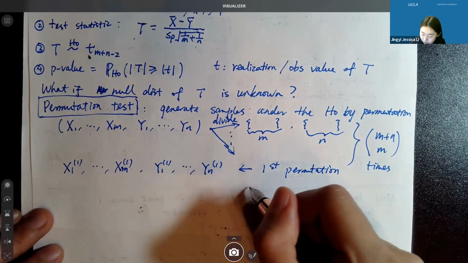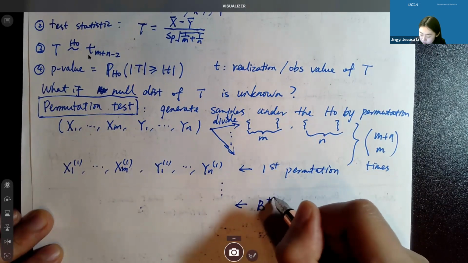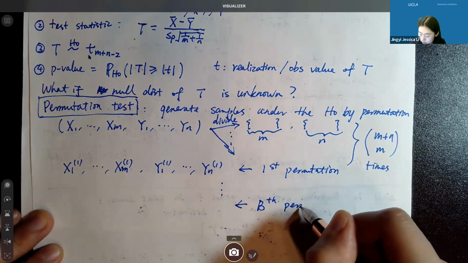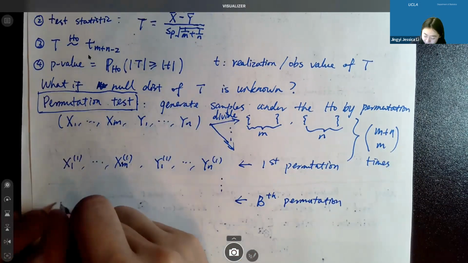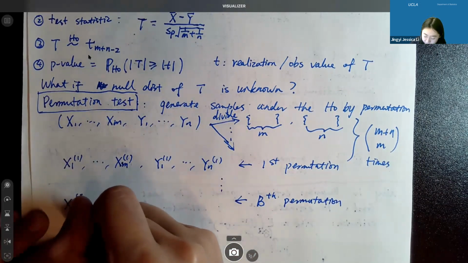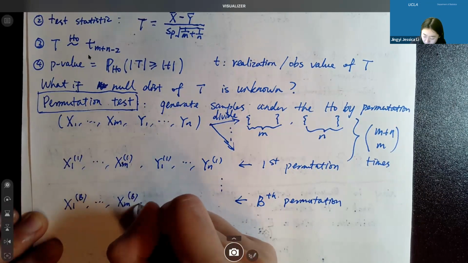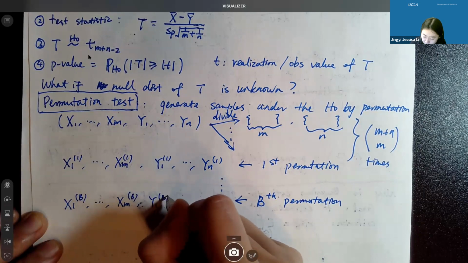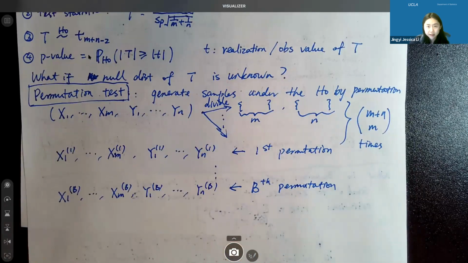And then if I go on and do this for capital B permutations, I denote that as x_1^B to x_m^B, y_1^B to y_n^B. Those samples are all from the null.